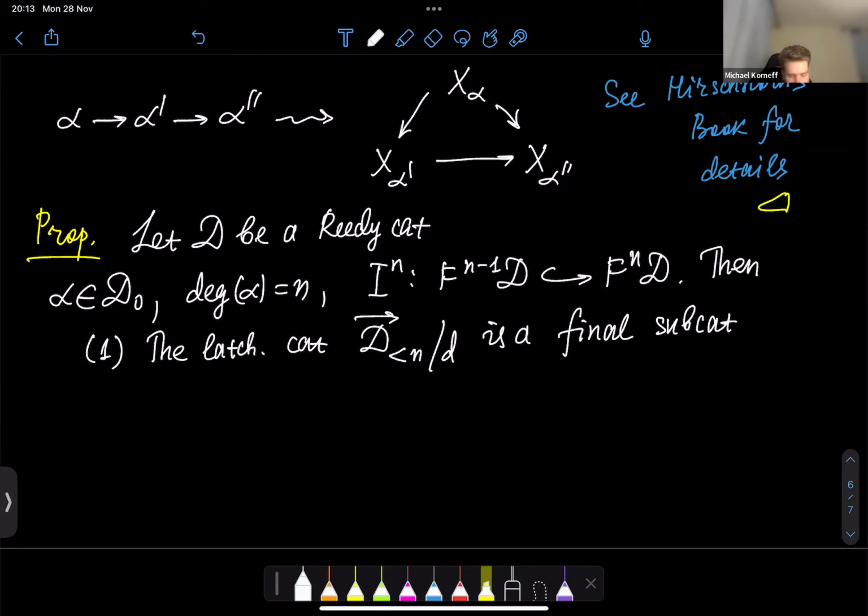Final means that we have an isomorphism between a colimit of the composition of the functor with this functor and a colimit of the original functor. This is from the previous talk.